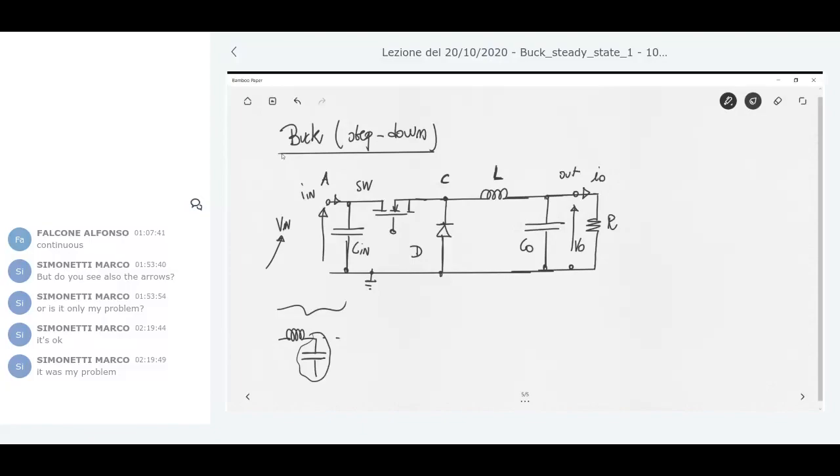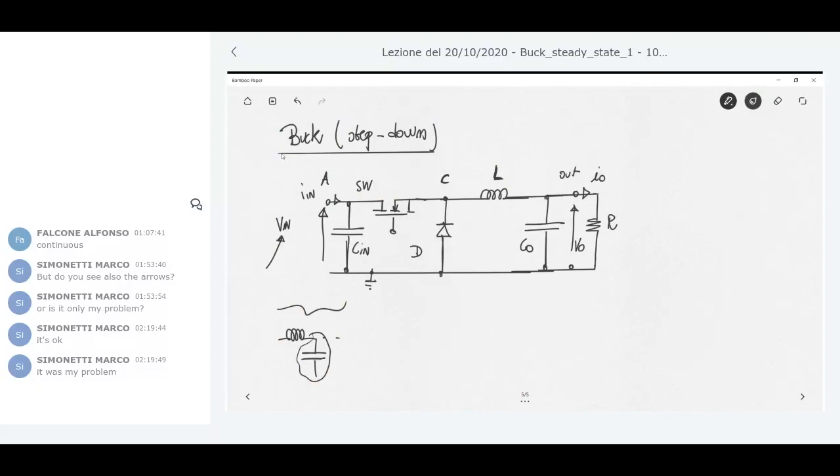Vin is a source which has a source inside it. So the input capacitance can be put in parallel to this Vin because it's not constant at all.